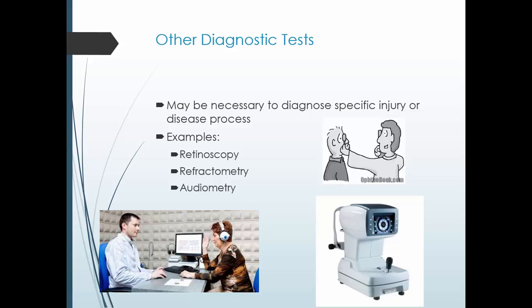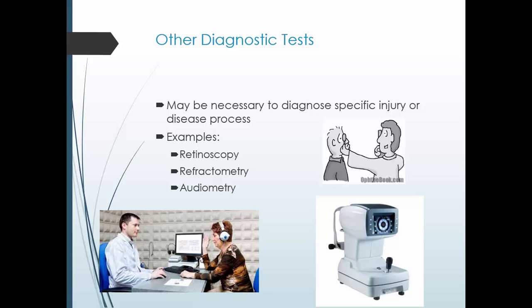Other diagnostic tests may be necessary to diagnose specific injury or disease processes. Some of the examples are retinoscopy, which is looking at the retina, and these are all different retinoscopes that can be used.